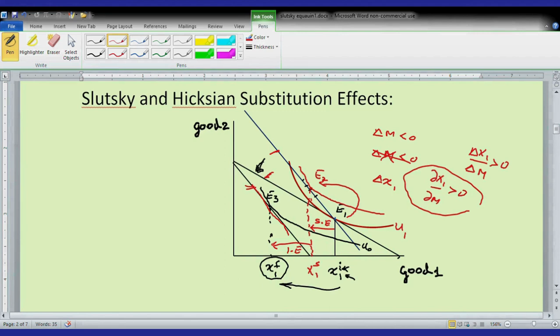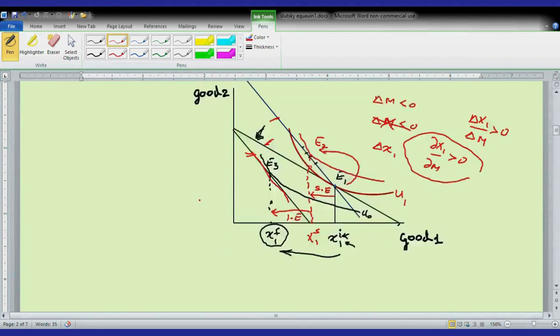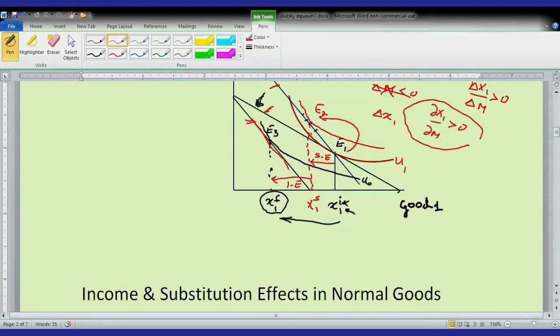Remember again that partly it is because of the income effect, and it is for this reason that when we draw the demand curve for a normal good, we see that this demand curve is downward sloping, and then we can explain why this demand curve is downward sloping.